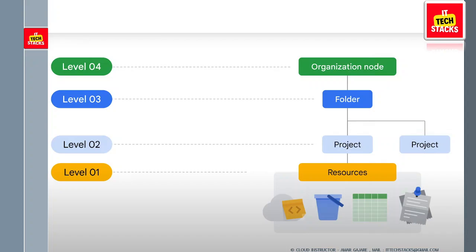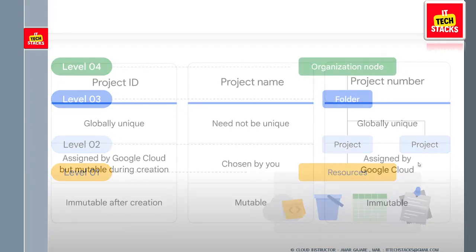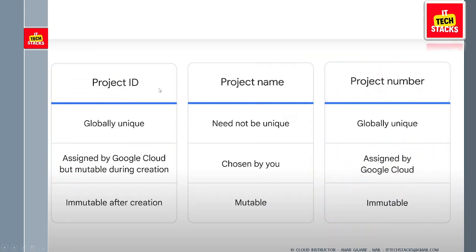Each Google Cloud project has three identifying attributes. How do we identify a project? They are the project ID, the project name, and the project number. What is the project ID? The project ID is globally unique. The project name need not be unique. The project number is globally unique.